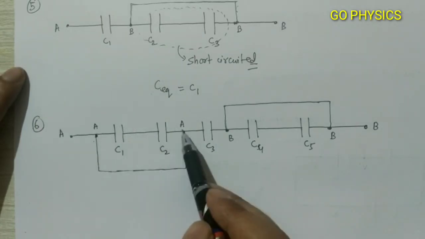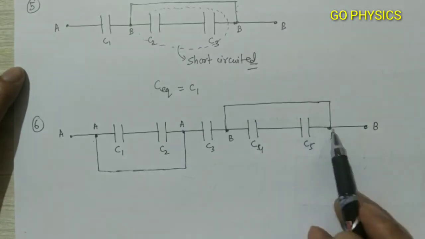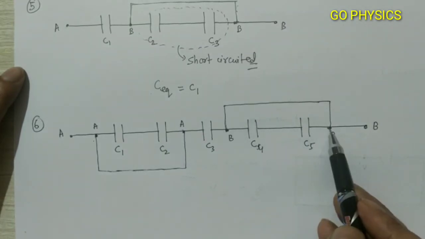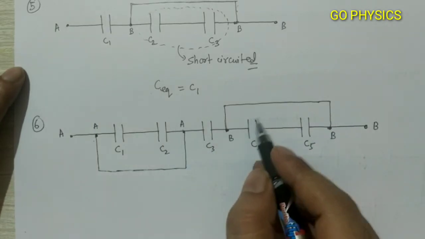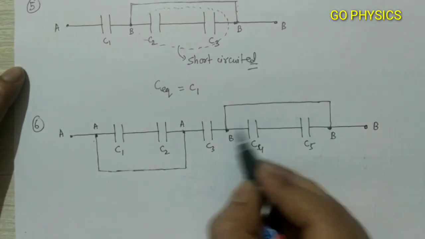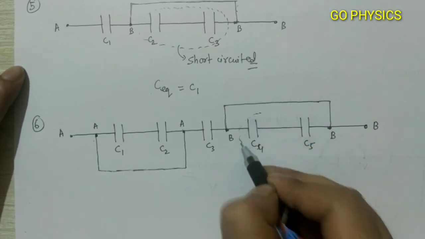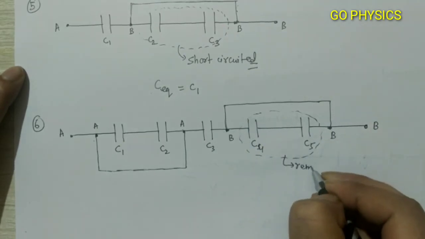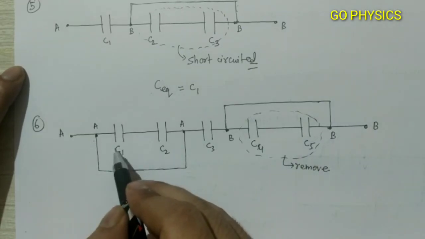The potential of this point and the potential of this point will be the same. These two nodes are having name B, so the potential of this point and the potential of this point will be the same. So simply remove all the capacitors between these 2 points, that is remove C4 and C5, and similarly remove C1 and C2.